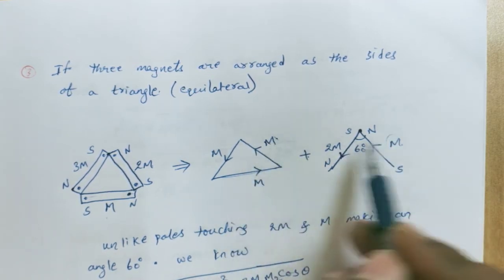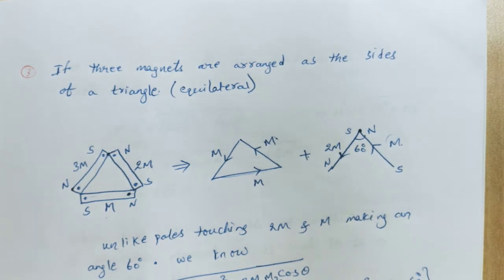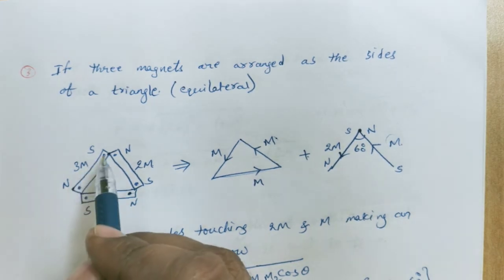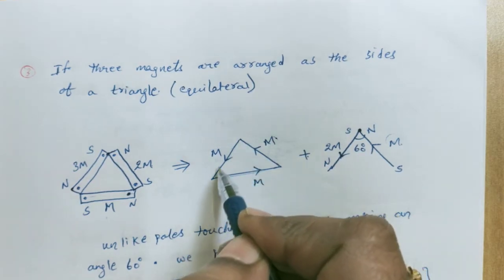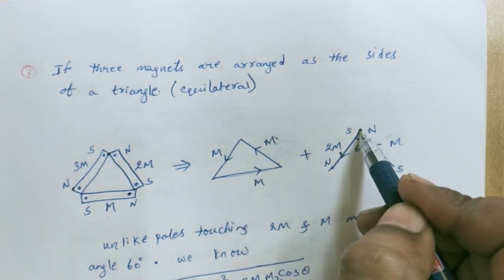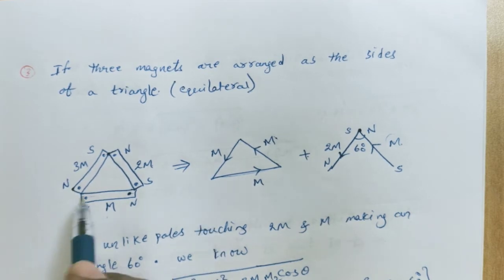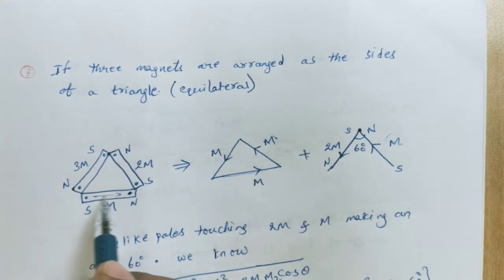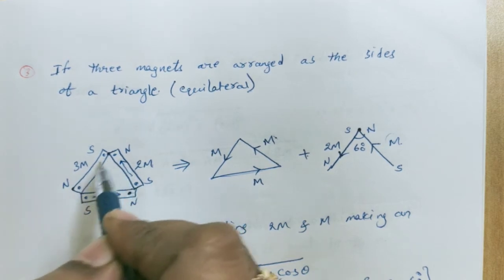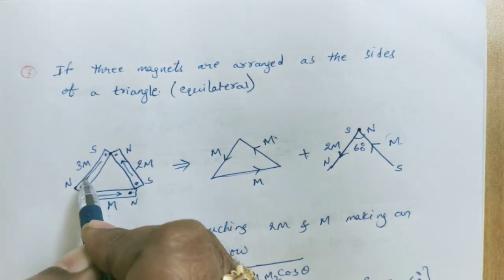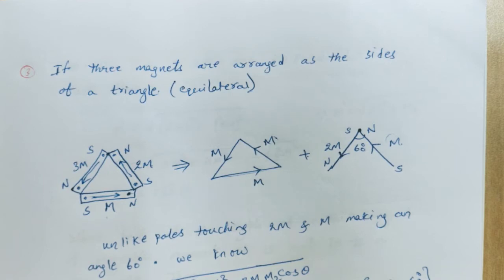This m and this m become 2m. Next, here 3m is present, students. So in this condition, here m is present and here 2m is present. Along south to north only, the magnetic moments will be acting, students. That is the standard thing.